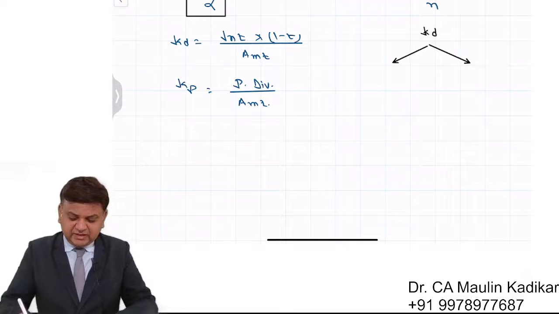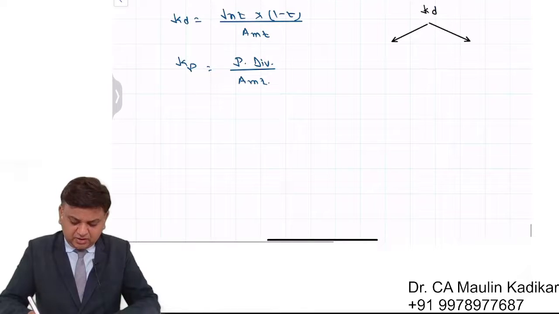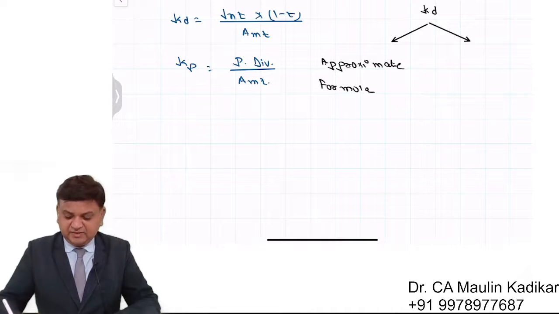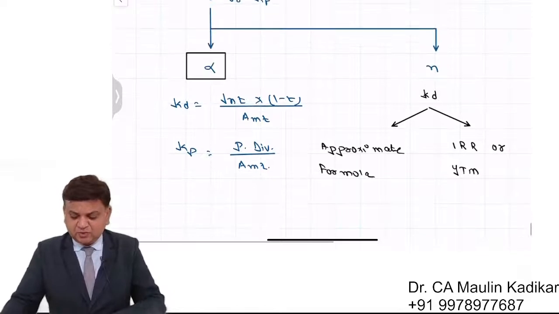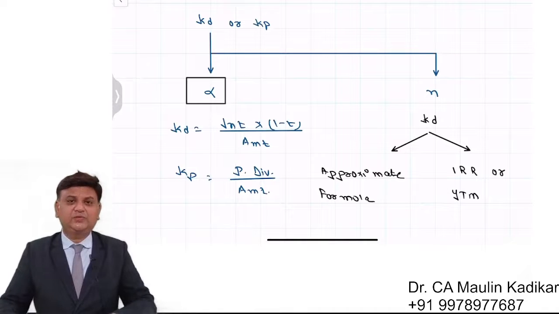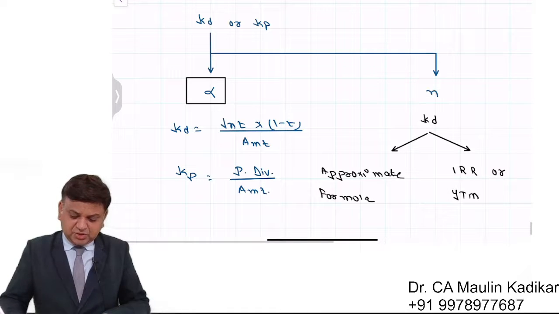One is technically called the approximate formula method, and the second is called the internal rate of return method, also called the yield to maturity method. So there are two methods by which we can compute the cost of debenture or cost of preference share if the security is issued for a certain time period.